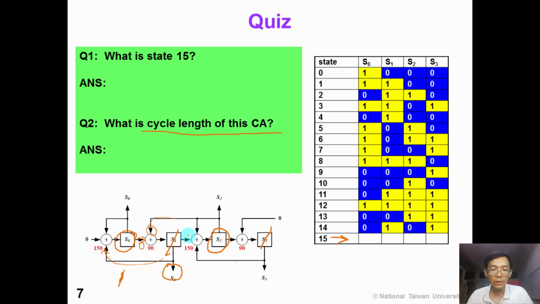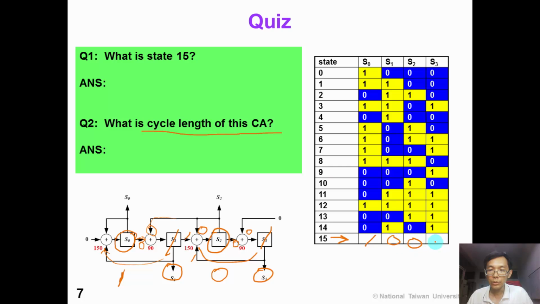And the third bit would be 1 inclusive or 1 inclusive or 0, which is still 0. And the last bit would be 0 inclusive or 0, so it's 0.